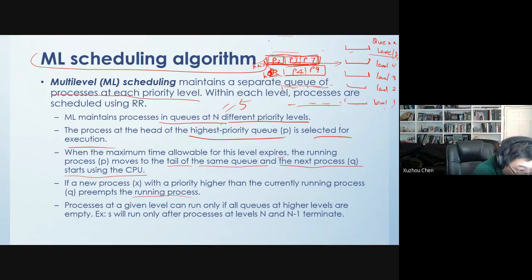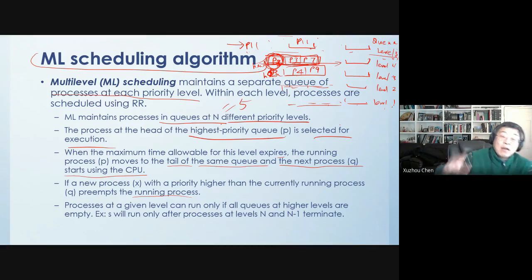So currently process 3 is selected and it's running. And suddenly a new process comes, process 11, and it is placed in the level 5 queue. And then process 3 will be preempted and free up the room for the new process.